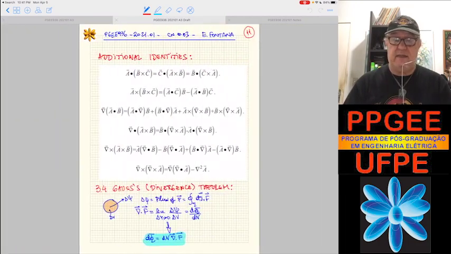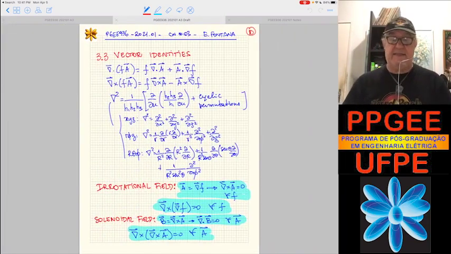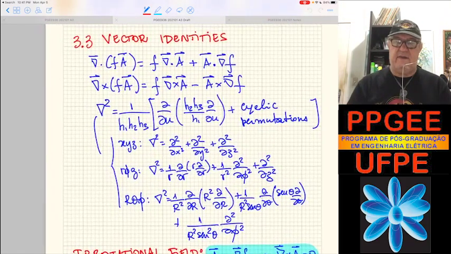I'm going to run a little quickly. We are already an hour and a half into this class on some properties of this. I'm going to show you one demonstration only. There are some interesting vector identities which you can use.